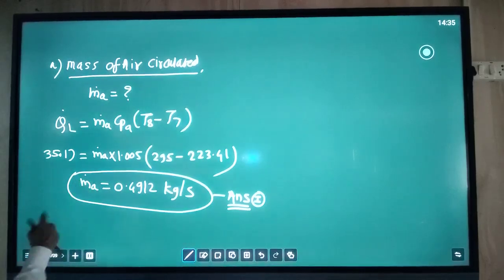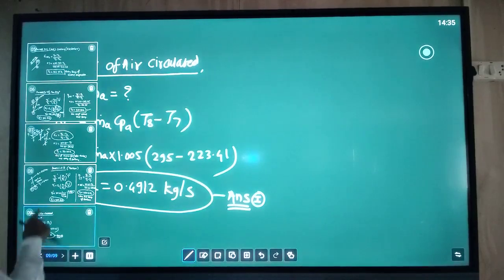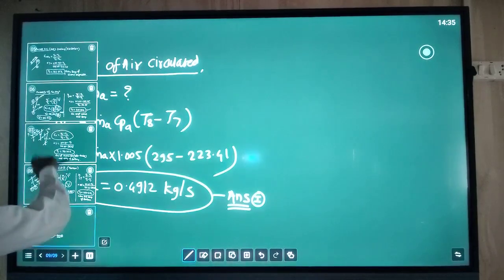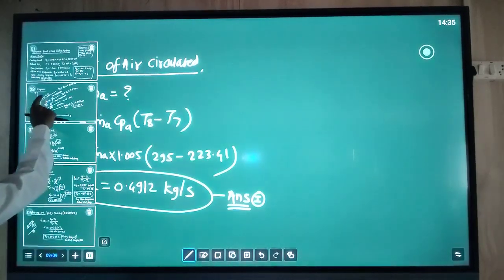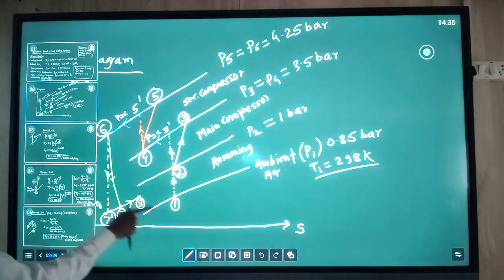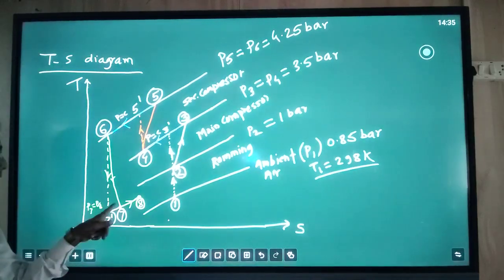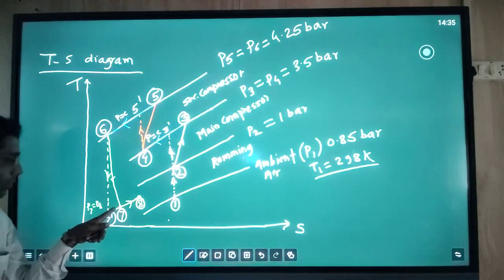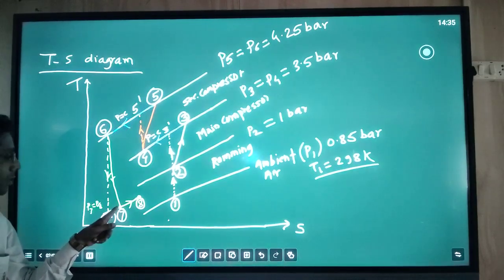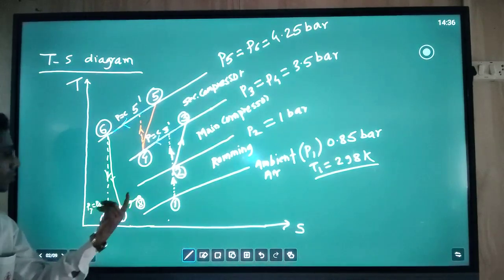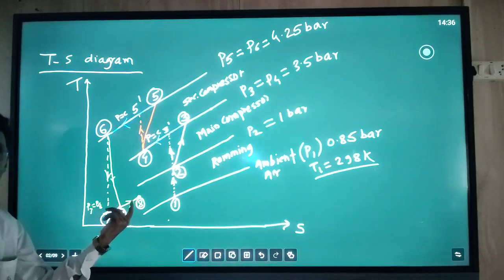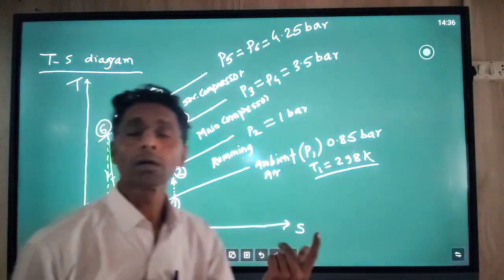How to write the cooling load formula? We have already discussed it, but again here we can take the help of the TS diagram. Here you can see this is the exit point of the turbine, point number 7. At point number 7, air is passing to the cabin. So during this process 7 to 8, this is the cooling load.